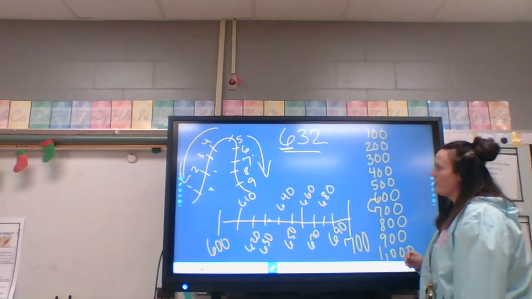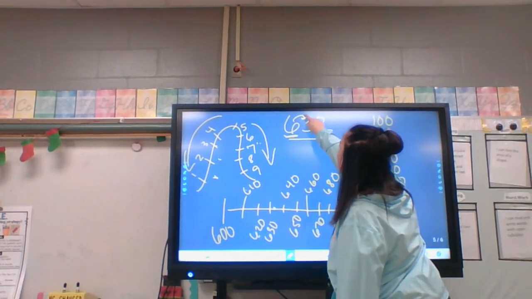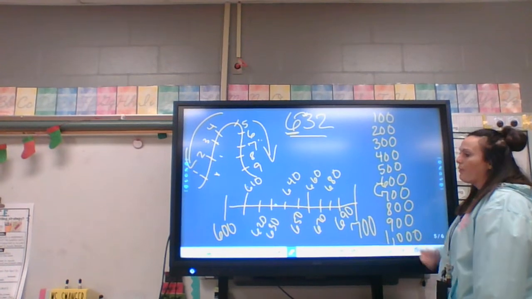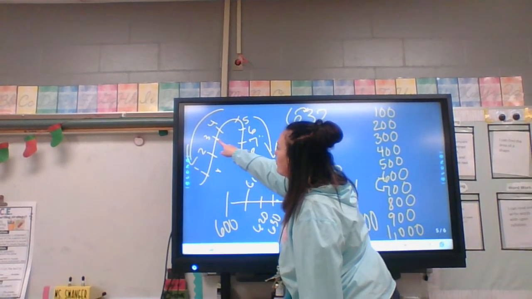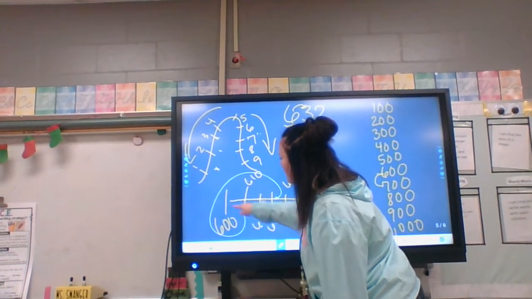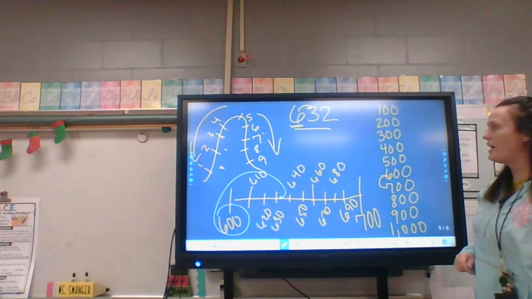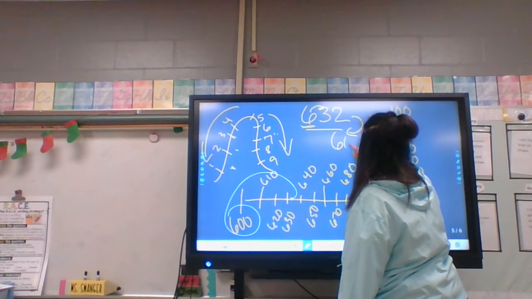So let's look at 632. My 6 is in the hundreds place. If I look next door to that 3, will I round up or round down? Well, with the 3, I round down. So 632 rounds down to what hundreds place? 600. So 632 rounds to 600.